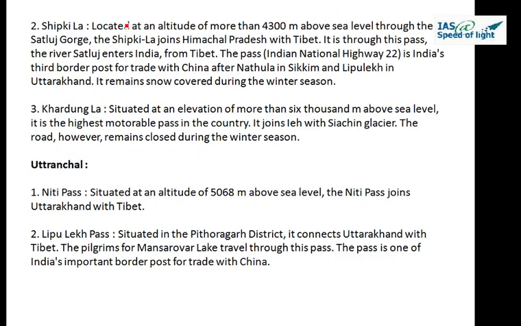Then we have Shipkila Pass, located at an altitude of more than 4,300 meters above sea level, through the Satluj Gorge. The Shipkila joins Himachal Pradesh with Tibet. It is through this pass that the river Satluj enters India from Tibet, so Shipkila Pass becomes very important.